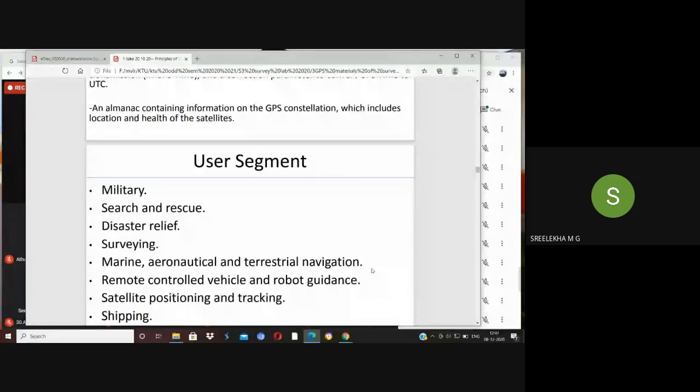In the GPS locational data, what we are retrieving is the latitude and longitude. Where the GPS receiver is, that position of the GPS receiver will be retrieved by the satellite.